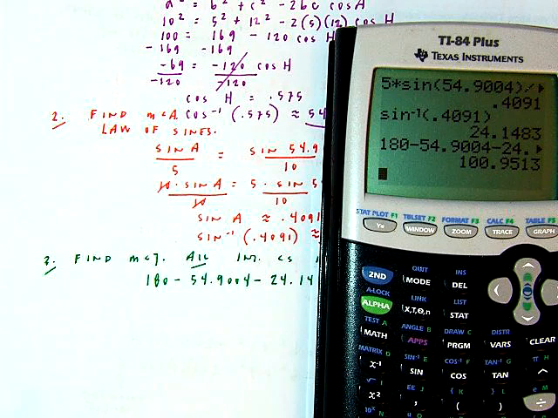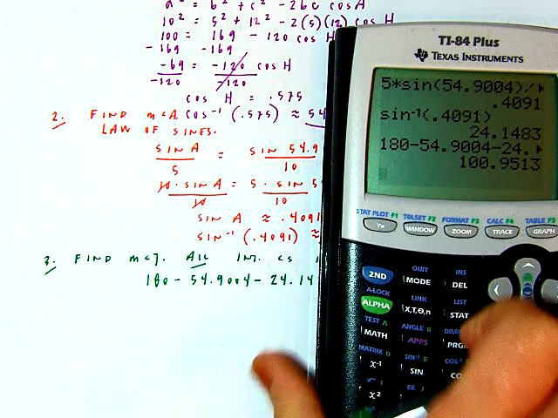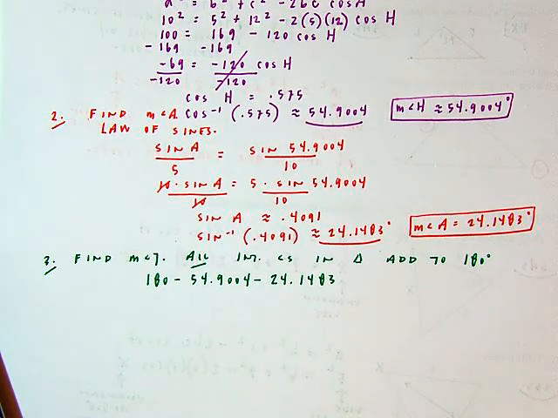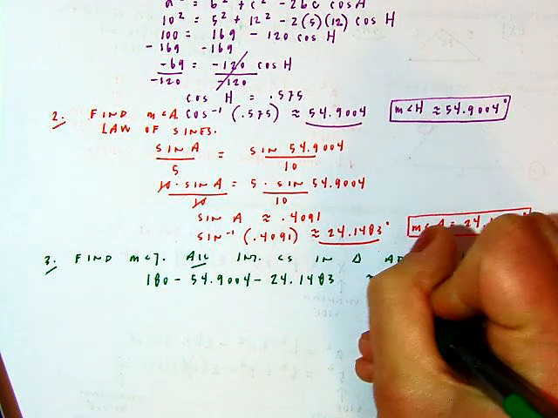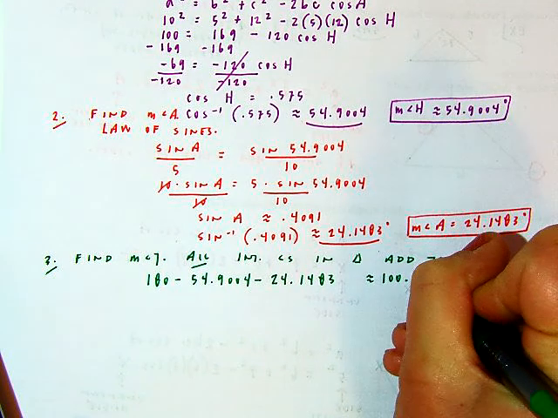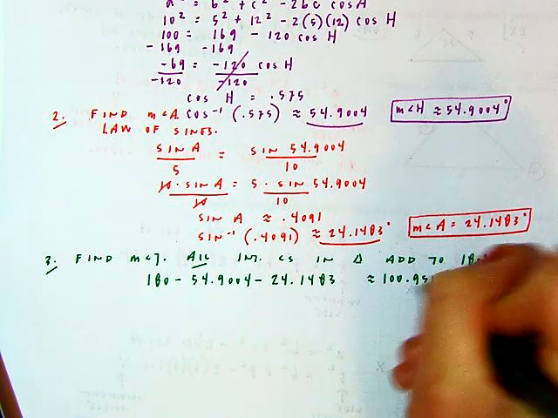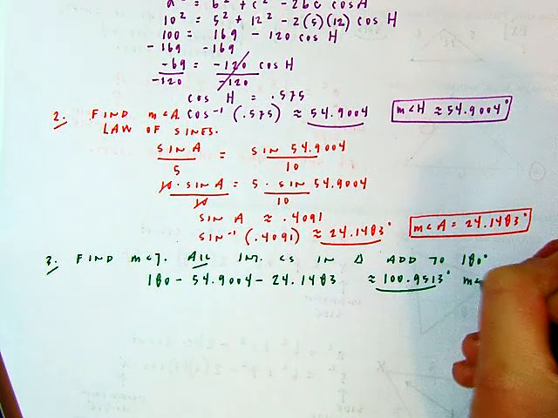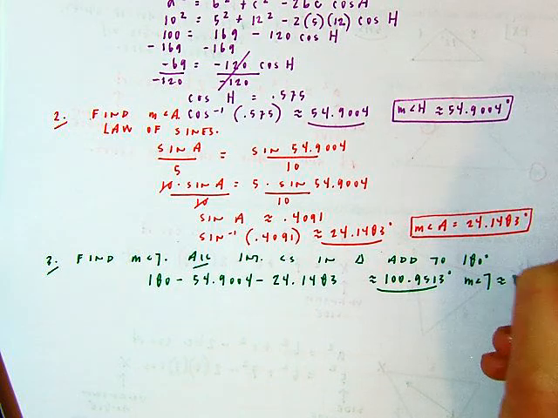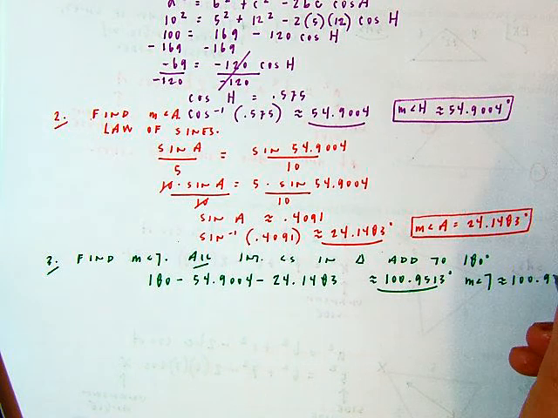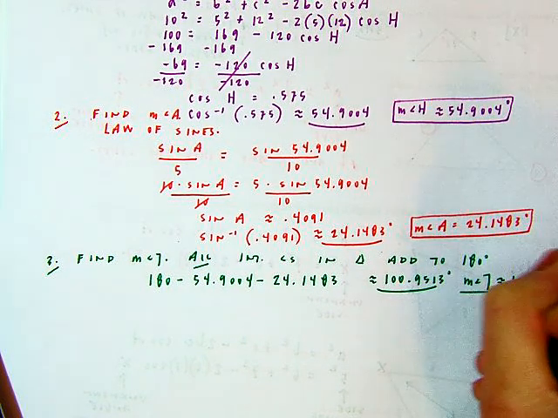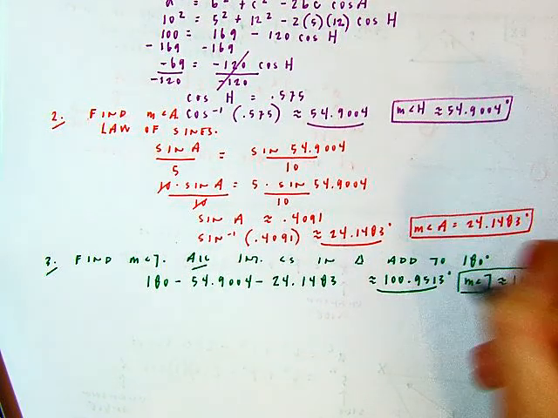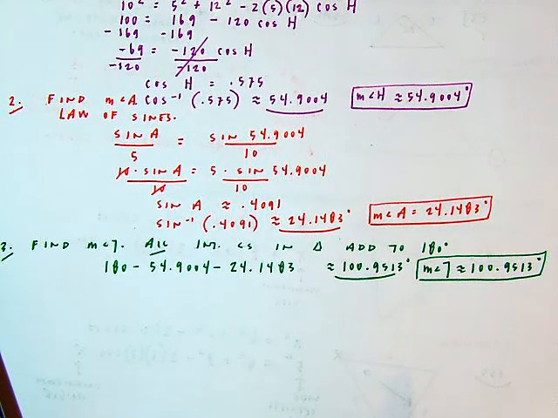Okay, I'm left with 100 degrees, 0.9513. So 100.9513 degrees. And that would be the measure of T. All right, let me slide that over.